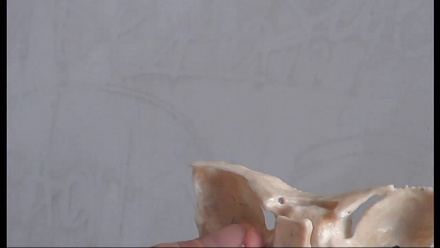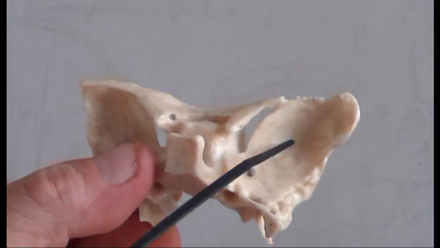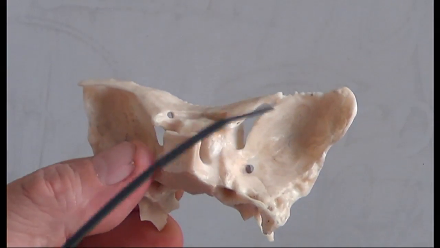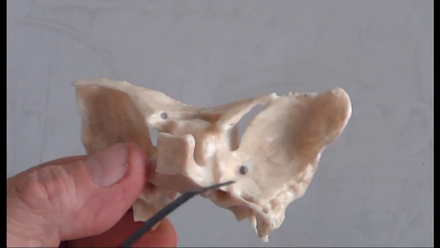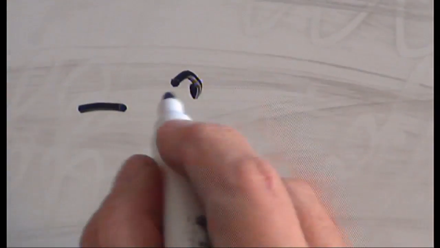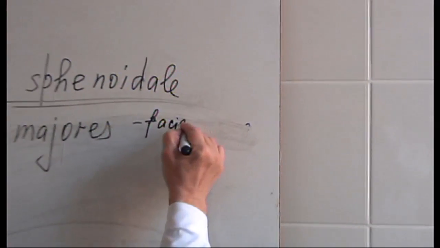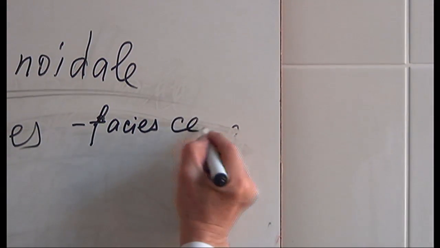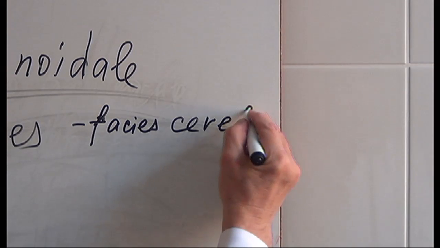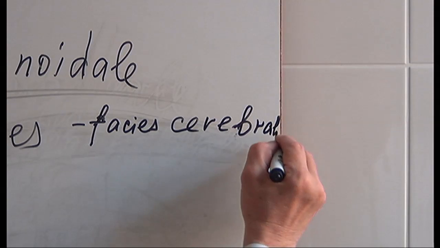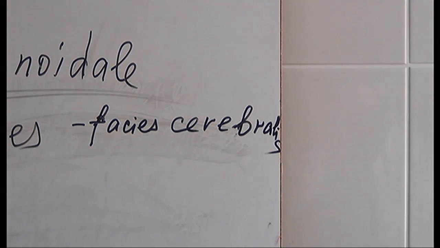This is the cerebral surface, because the brain or cerebrum contacts with it. So cerebral surface, or facies cerebralis.